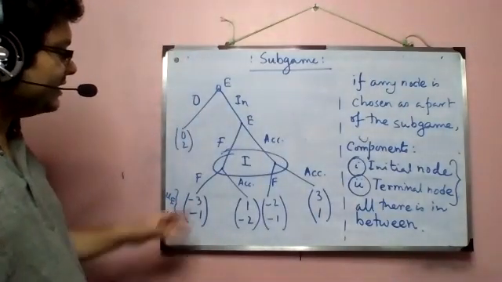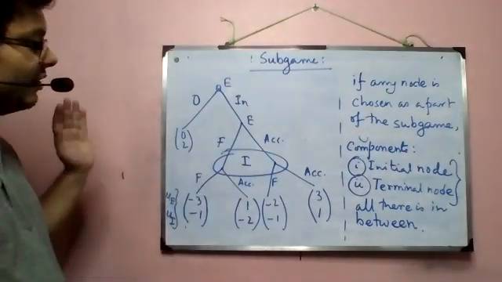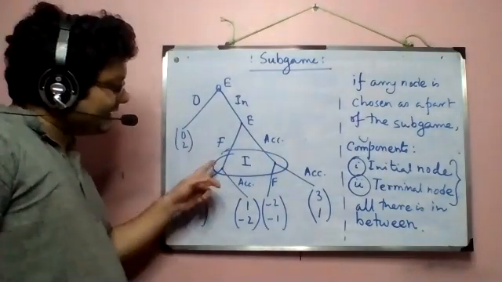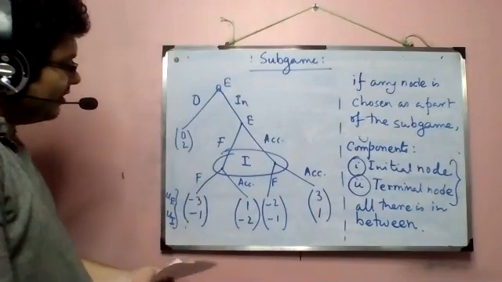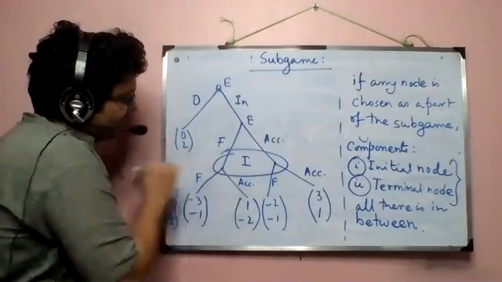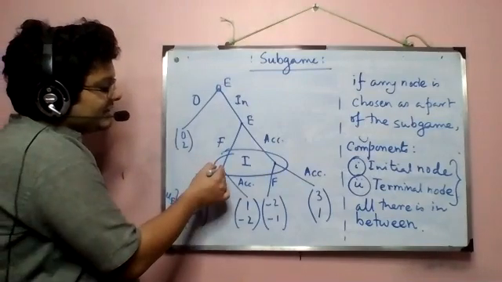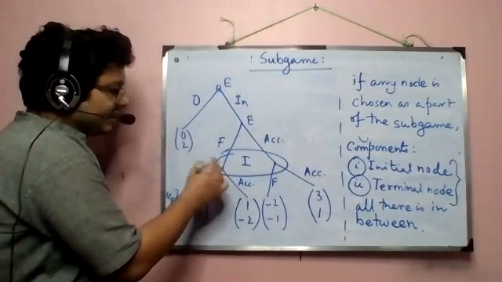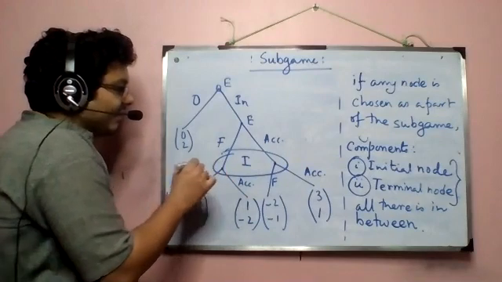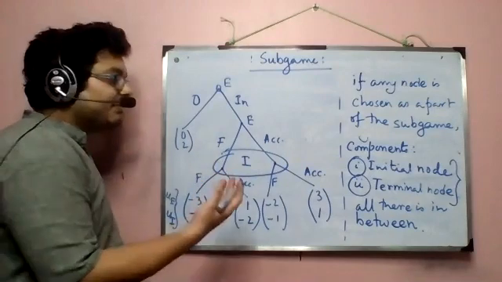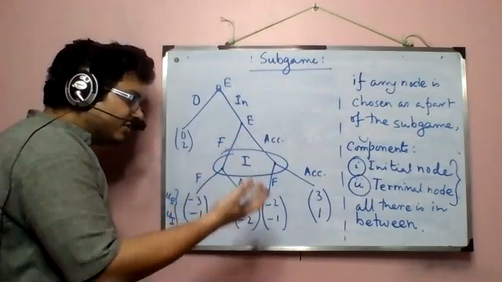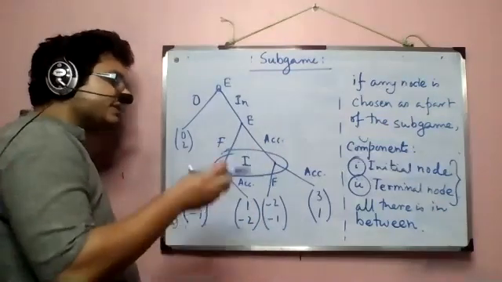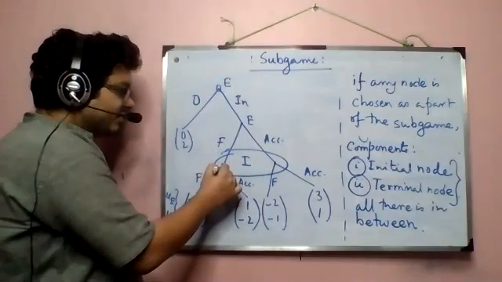let me tell it using this example. So what we are saying is that let us pick this terminal node. If this terminal node belongs to the subgame that we are creating, then we must take any other node which belongs to the same information set to which this node belongs.